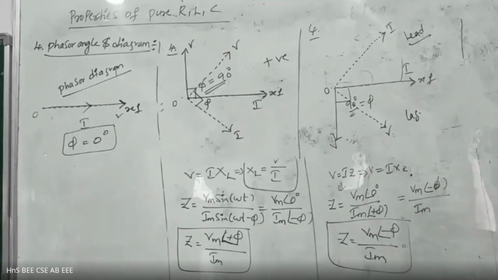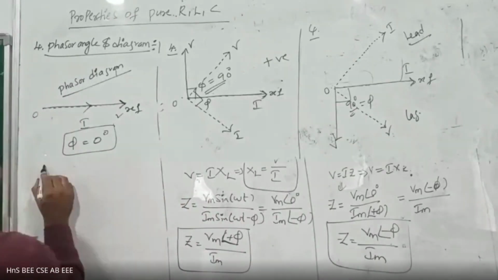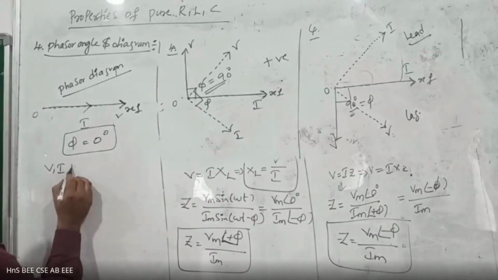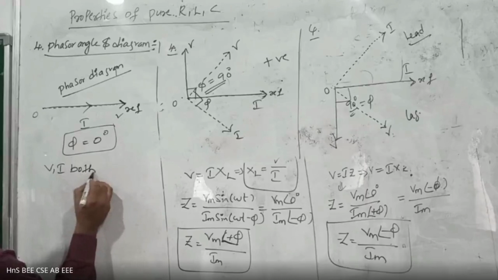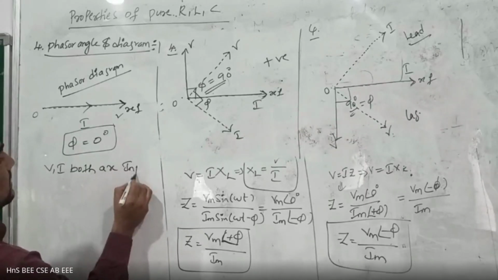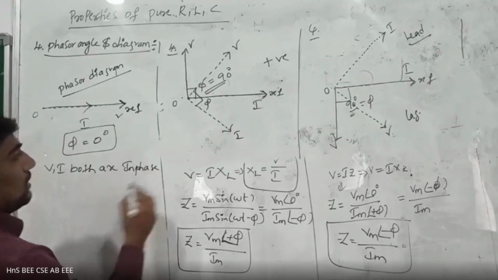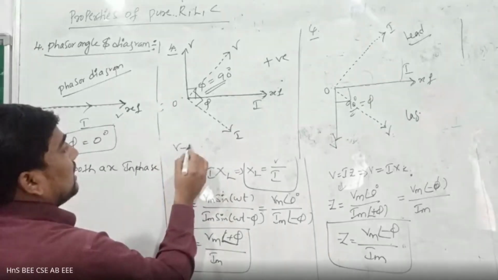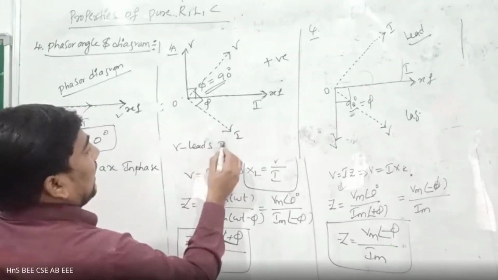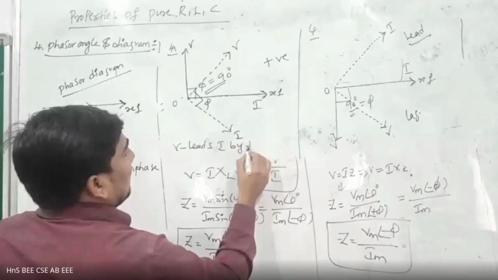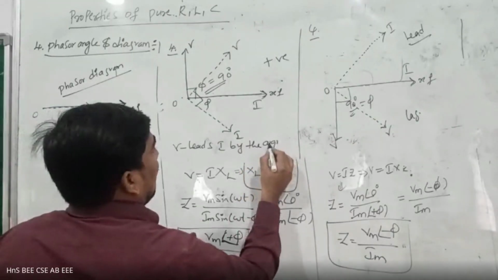Voltage is in lagging position. Okay, simply draw here: the voltage and current both are in phase. But in this, voltage leads current by the angle of pi.